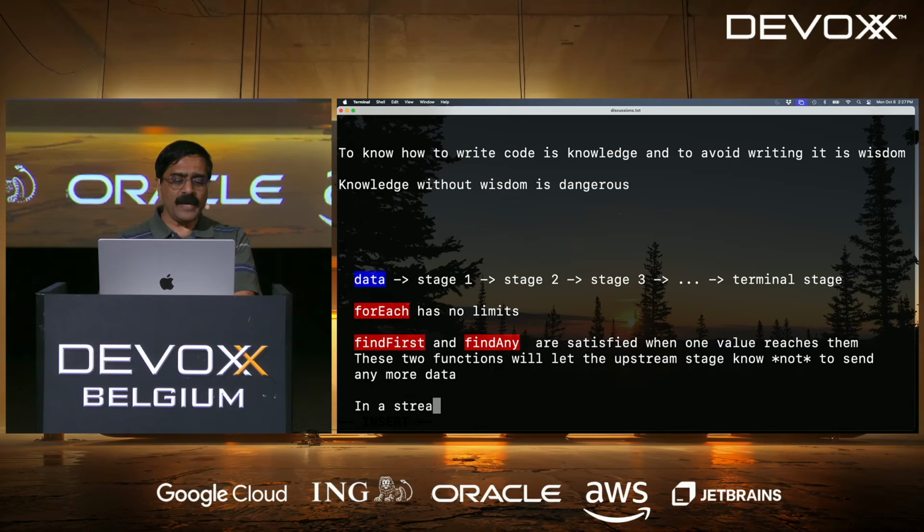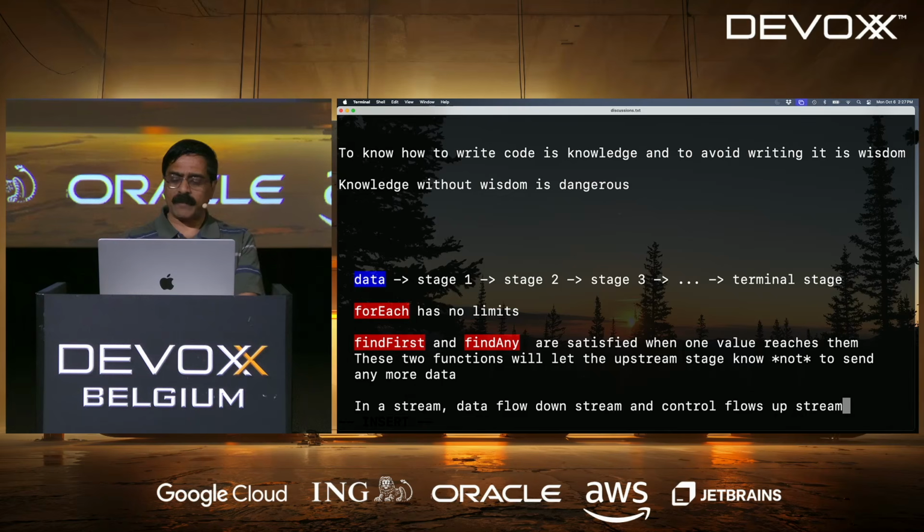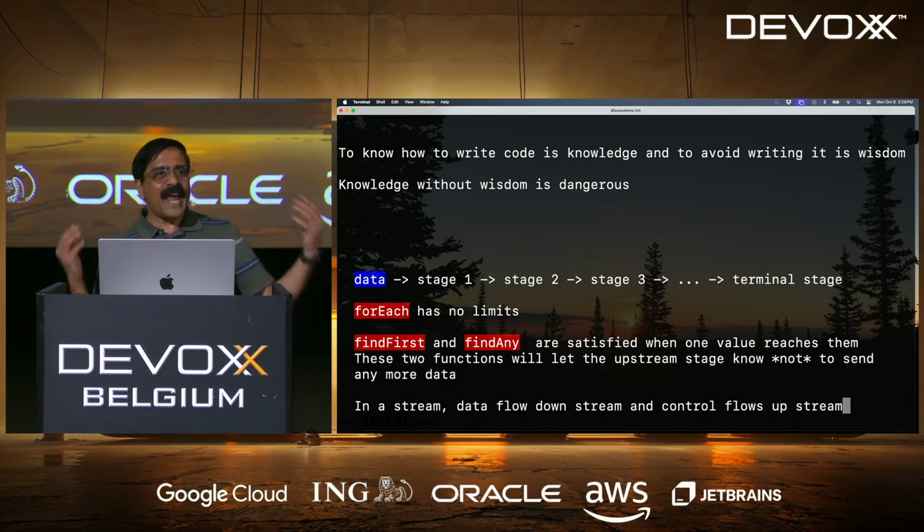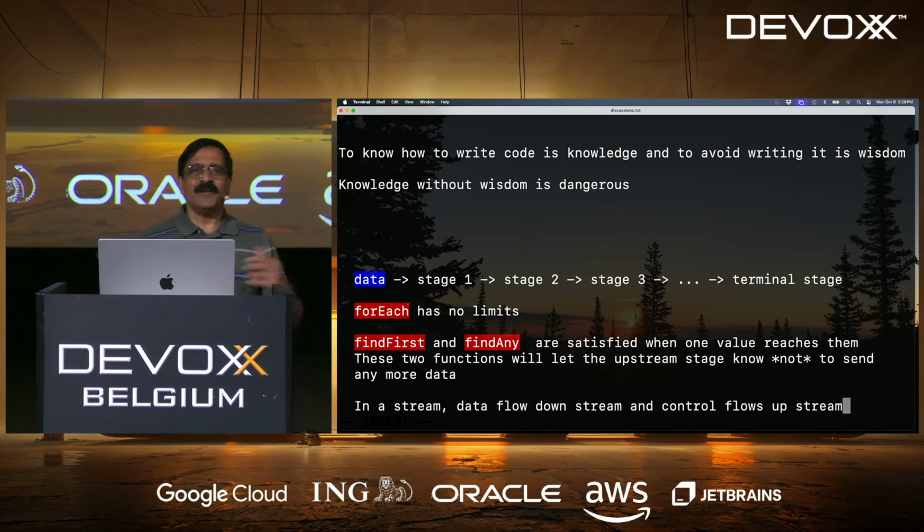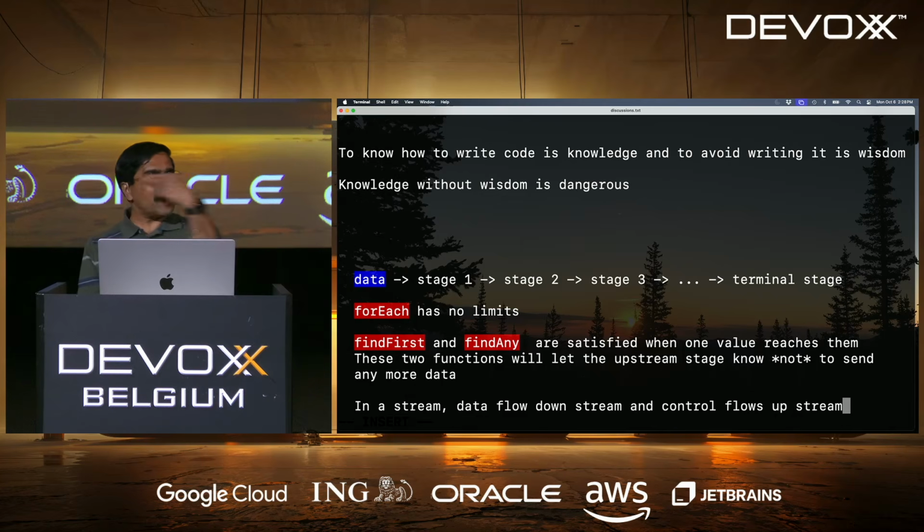In a stream, data flows downstream and control flows upstream. Like I said, a lot of things we take for granted, right? Why? Because we're not the ones doing this stuff. We're just using this, we don't have to think about it. But data flows downstream, control flows upstream.